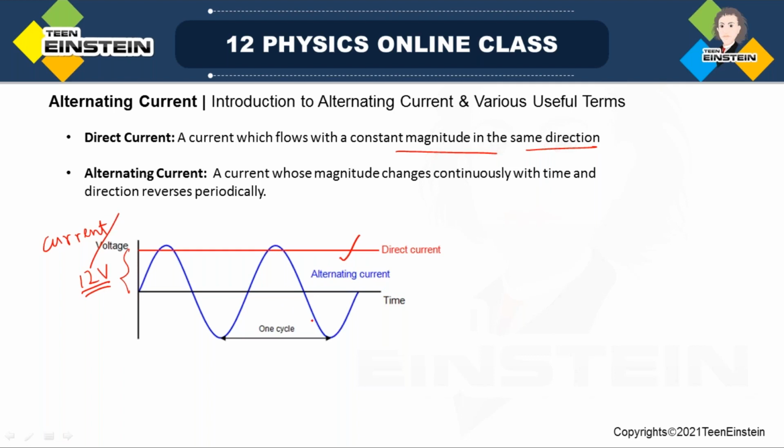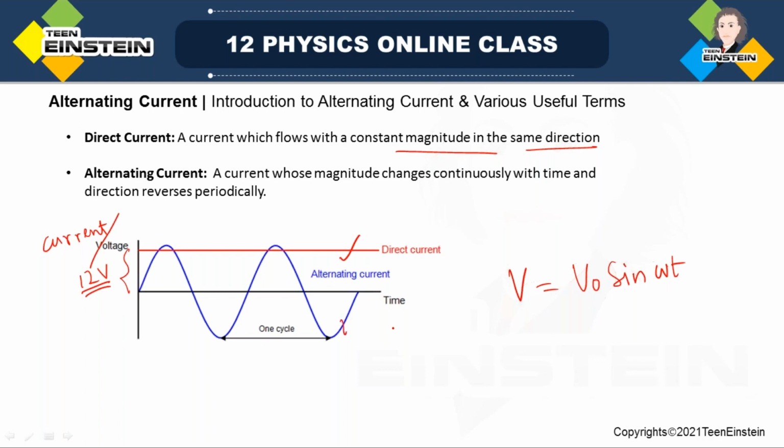But on the other hand, look here, this is showing a sinusoidal variation, a sine curve, right? If it is a voltage, this voltage can be represented as V0 sine omega t.